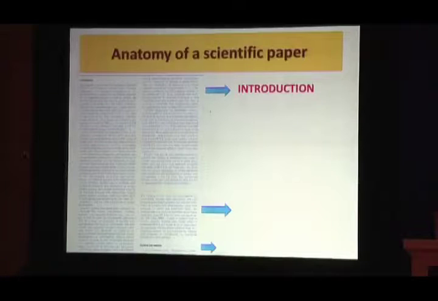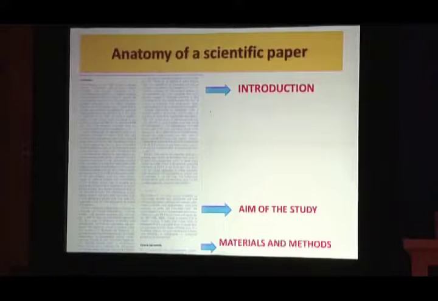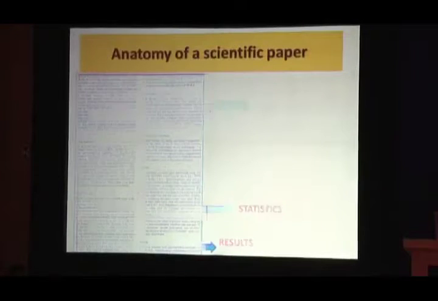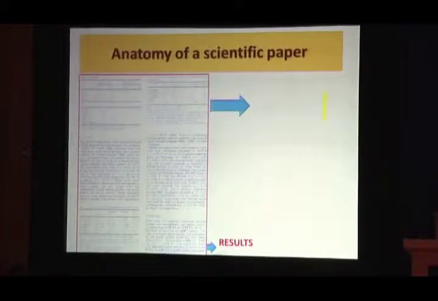So that is what the introduction will tell you, and thereafter you will go to the aim of the study, the materials and methods section, and then you will come to the results, statistics, results in tables.